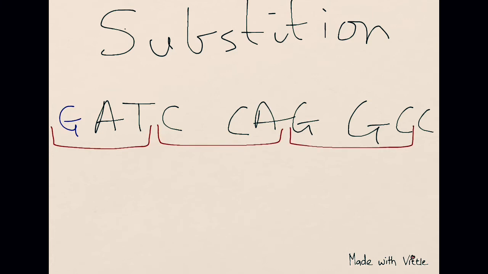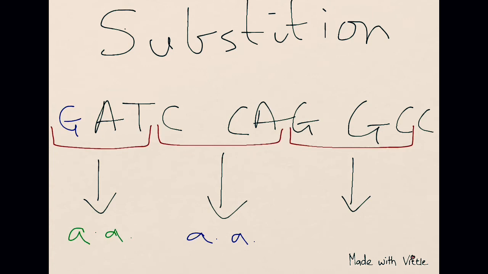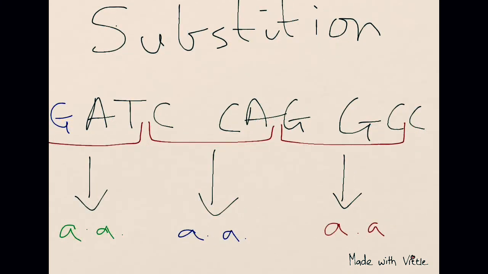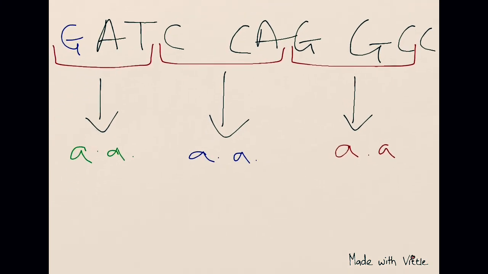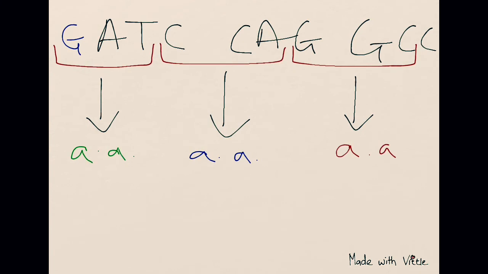So we still have a protein which has 3 amino acids, but those amino acids now could be different because the bases in their codons have changed. When we get that change in the way that these codons are read, that is called frame shift.